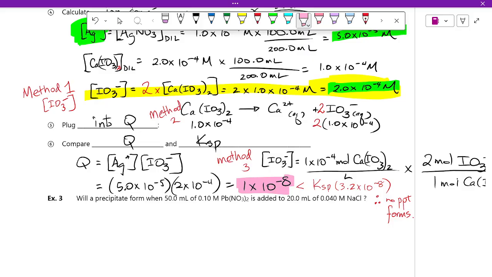Because they're mixing with each other, you use one of the methods to find the concentration. So I'm doing 50 milliliters, and the final volume is 70 milliliters. I can ignore other stuff because it doesn't matter.